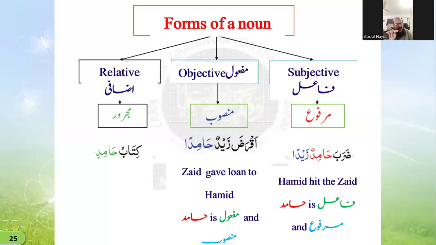When it has a fatah, we call it nas, and the word is called mansub. When it has a kasra, we call it majroor. So marfu, mansub, majroor are very important because one is fa'il, other is maf'ul, and third one has some relation. Kitabu Hamidin, Hamid's book. Here the idafat is with Hamid, who is majroor.